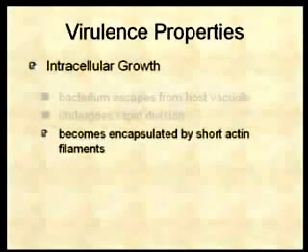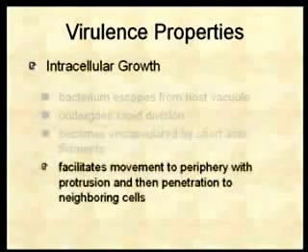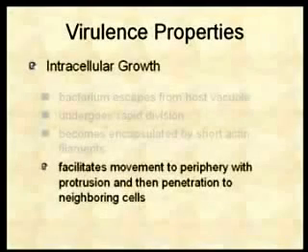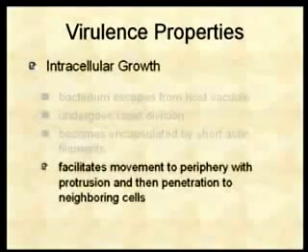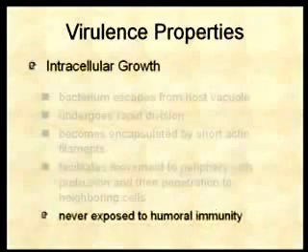It becomes encapsulated in short actin filaments. So it binds actin filaments, and once it binds them, it sort of forms a channel and moves towards the periphery, protrudes from there, and those protrusions will penetrate another uninfected cell, another uninfected monocyte, and they will get infected directly.